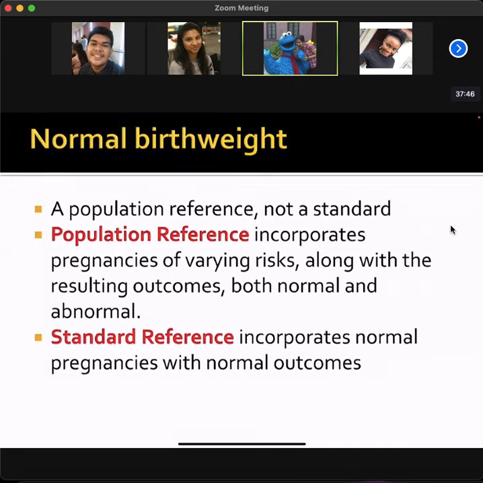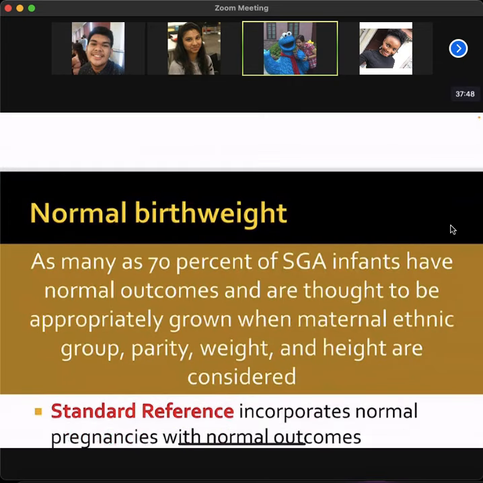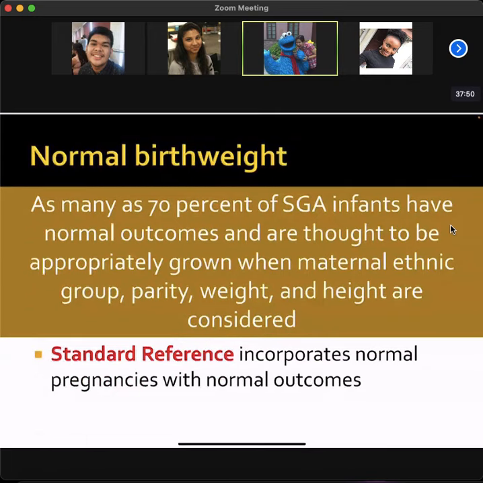So what's the implication? For us Asians, as many as 70% of SGA, small for gestational age, infants have actually normal outcomes. So they are thought to be appropriately grown when maternal ethnic group, parity, weight, and height are considered.